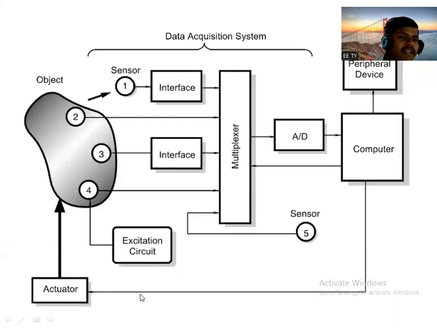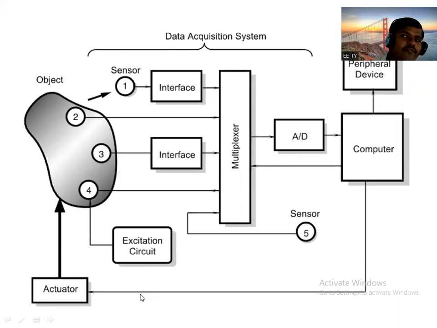Similarly, sensor 1 will sense the object condition, but this sensor is not in contact with the object, so we can call it a non-contact type sensor. Again, there is an energy transfer between the object and the sensor, and only then will it sense.